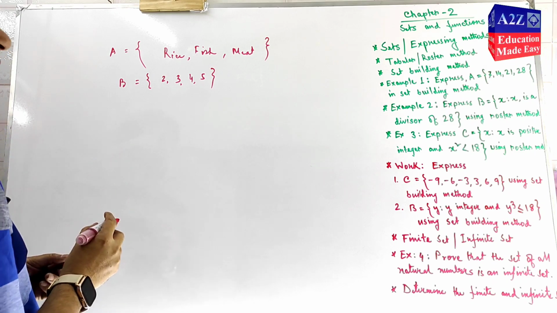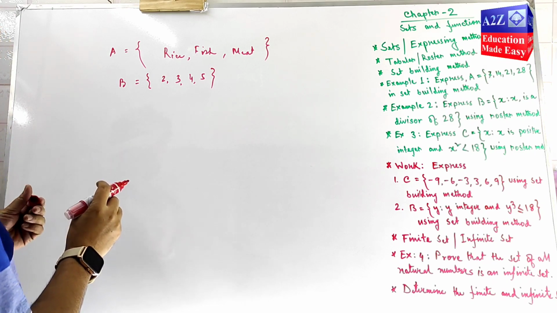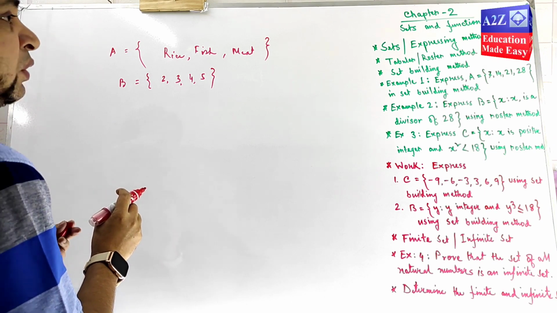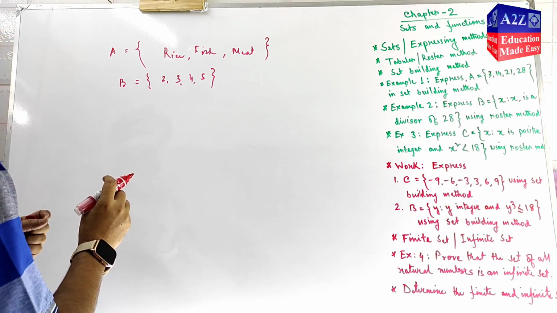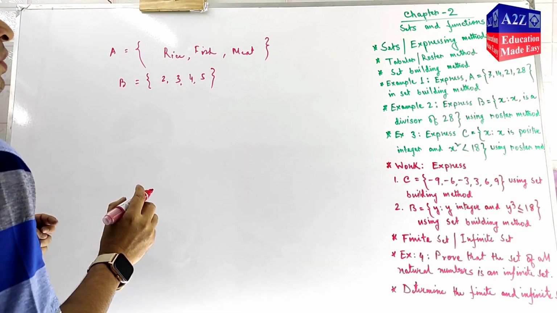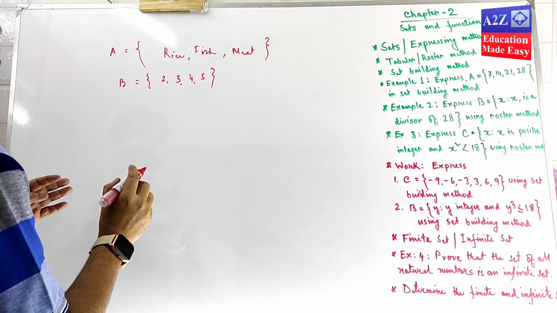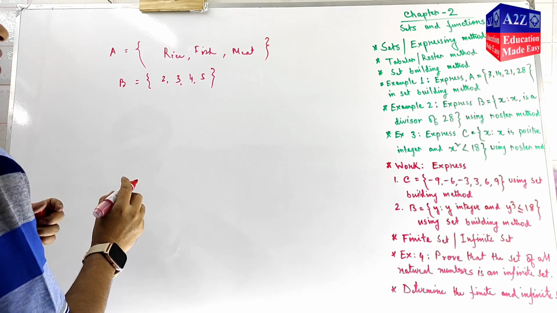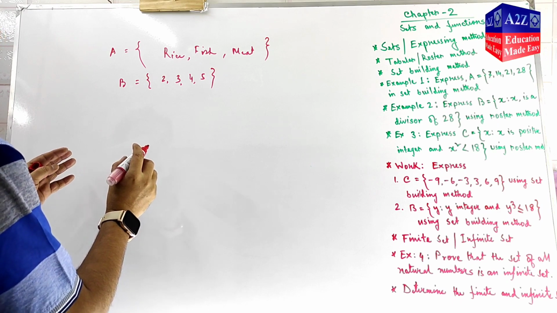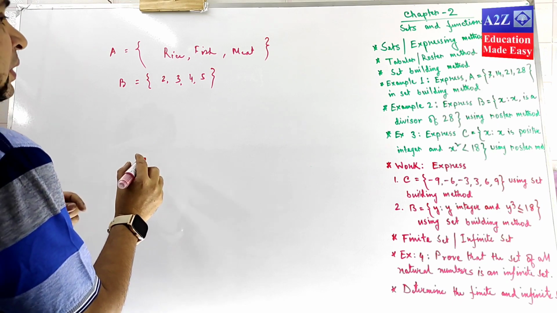There are a huge number of elements, and if you'd like to prepare a list of even numbers ranging between 10 to 50, then you have to prepare a huge list. It would be better to express this set using the set builder method, because in the set builder method you can express them by just using their common properties.